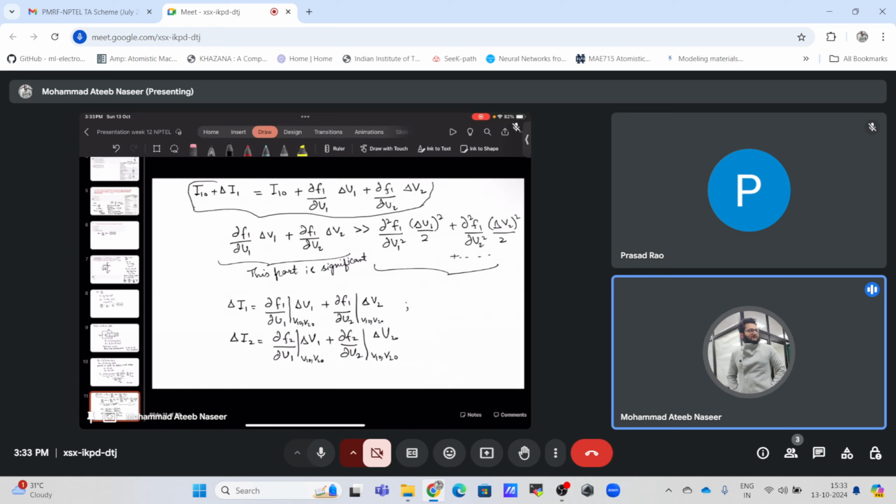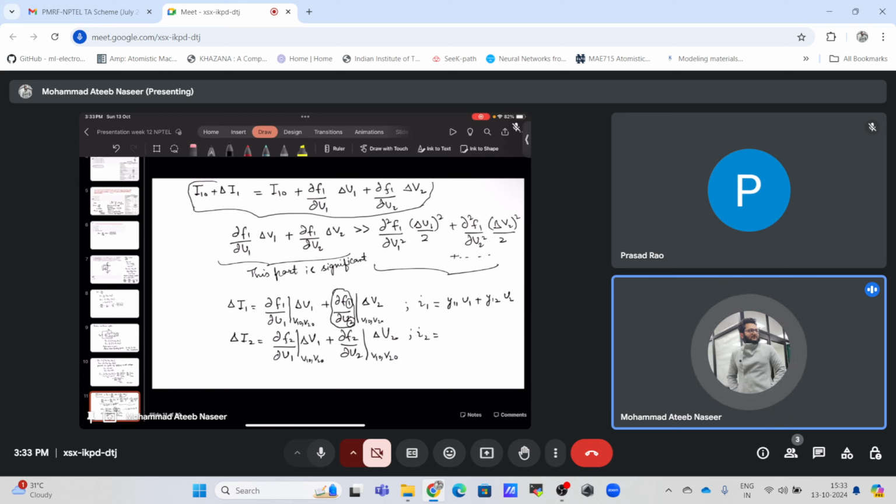So I can simply write it as delta I, and this df1 by dv1 is simply y11 times delta v1, the small signal change in v1. Similarly, this df1 by dv2 is simply y12. Be careful about these things. This is 1, this is 2. That's y11, and this is y12 times v2.